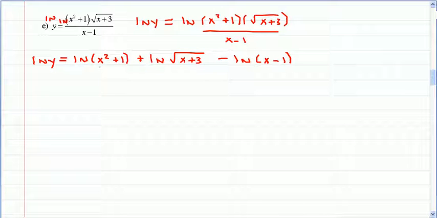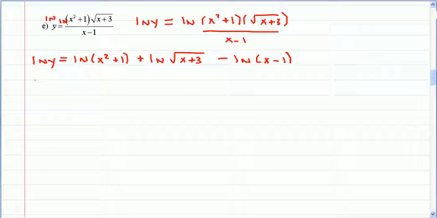So I was able to eliminate the product and quotient rules by separating them into 4 separate logarithms, 3 on the right and 1 on the left, and now I just take the derivative of each of the four terms.